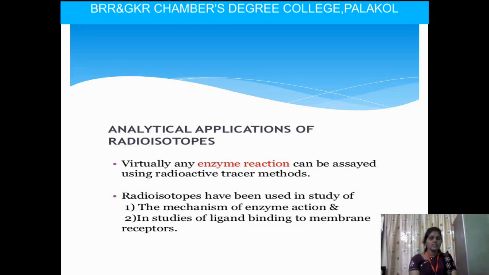So by using some of the actions, we can know the enzyme reaction, how the ligand will be attached to the membranes or receptors. So this is one of the processes to assess the enzyme reaction.